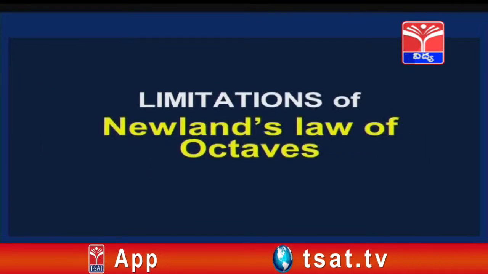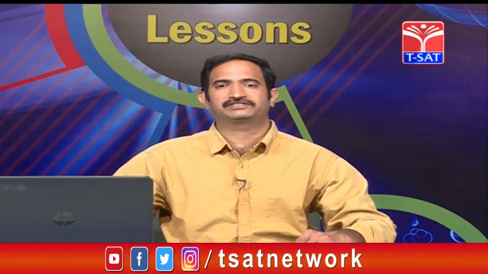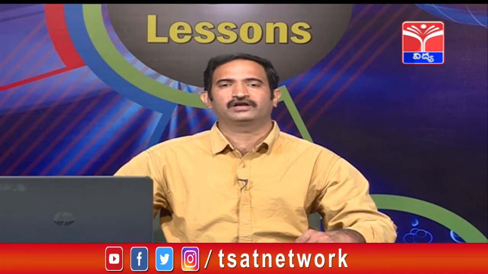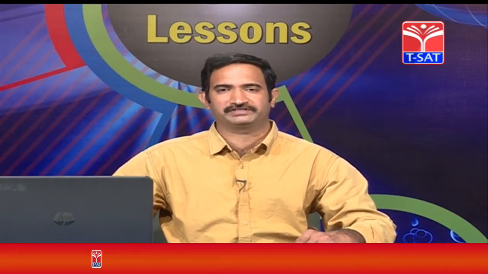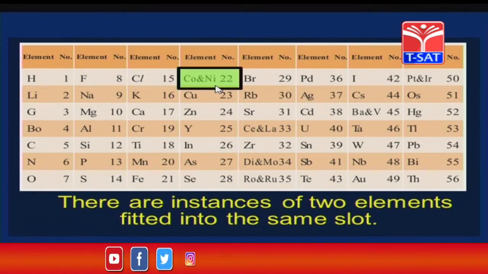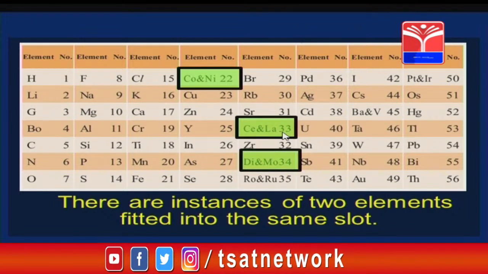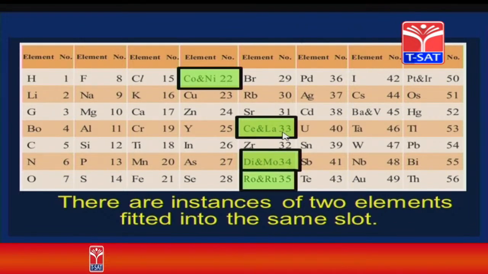Now, the limitations of Newland's law of octaves. There are some instances in his periodic table where elements are arranged in the same slot; not one element, he placed 2 elements in the slot. Here you see in his periodic table there is some space for the elements. Hydrogen, fluorine, chlorine have only one element each, but in this 4th column you observe that cobalt and nickel are placed in the same column.